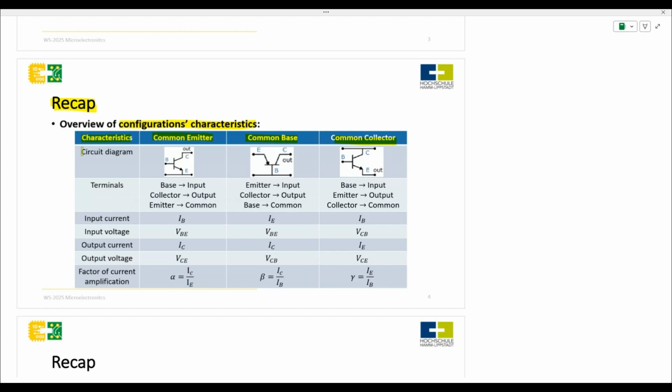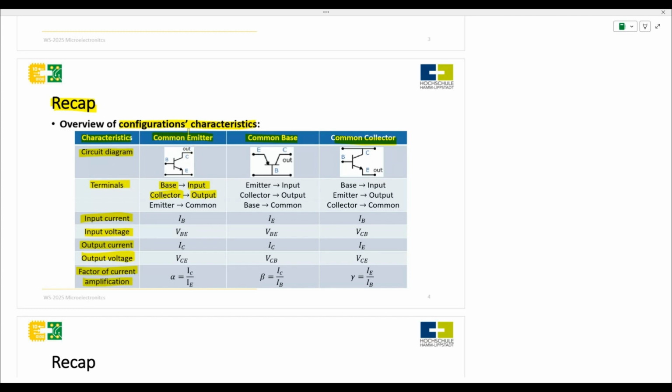As a first characteristic, we have the circuit diagram, how it looks. We have our terminals, our input current, input voltage, output current and output voltage, and finally the factor of current amplification. For the common emitter, our base is the input, while our collector is the output.